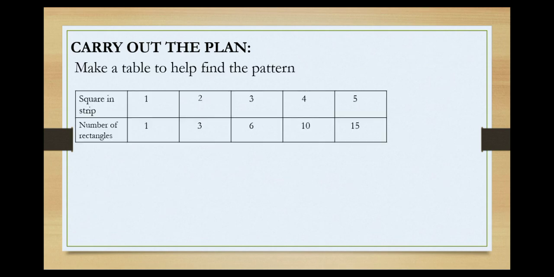In the first square, we add 1, and in the second square, we add 2, so it is equal to 3. From the third, we add 3, so it is equal to 6, and then from 6, we add 4, so it is equal to 10. From 10, we add 5, so it is equal to 15.